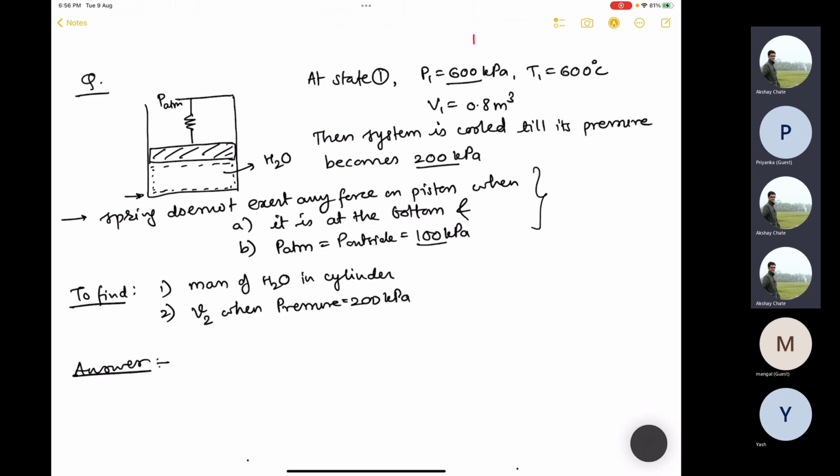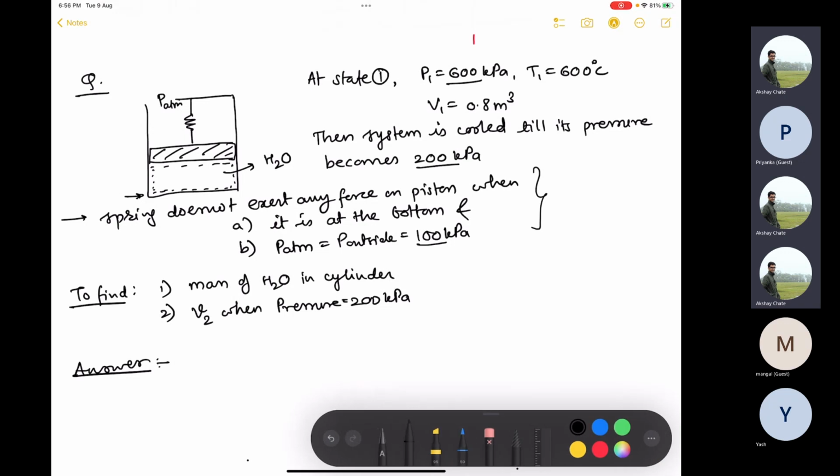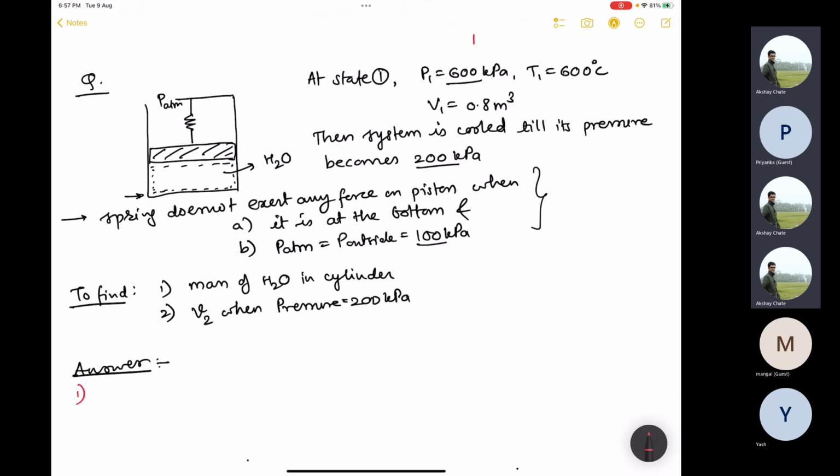For the first part, you need to first figure out the state of this H2O at state 1. If you look at the steam table, for the pressure of 600 kPa, just look at the saturation temperature. One second, let me check the steam table.